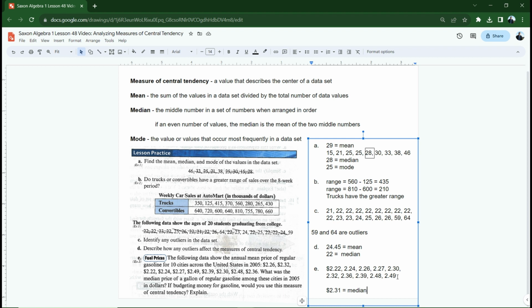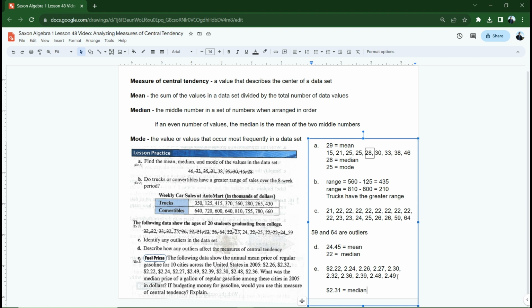But chances are I live in one of these cities, and instead of using this to budget gas, what I should use is the cost of gas at various times during the year in the same city. So this would not be a useful measure of center for me, as somebody who's budgeting money for gasoline. I would need to use the same city where I'm actually buying gasoline over time.